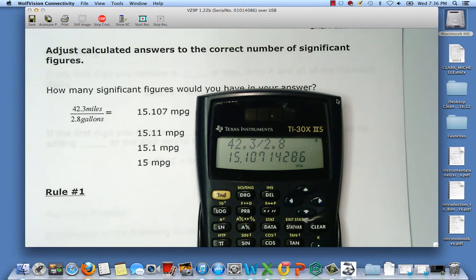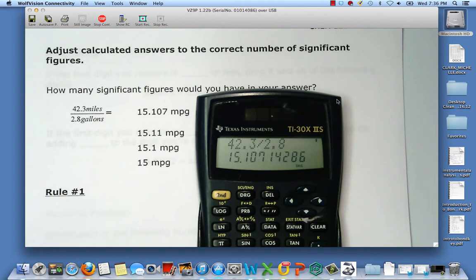But there's something called significant figures. Now look at these units, miles and gallons. These are measured quantities. So they have a certain degree of error. Whatever you use to measure the miles is accurate to plus or minus 0.3, to the tenths.